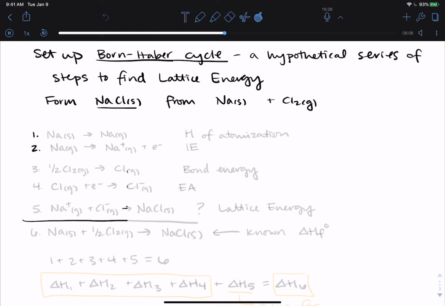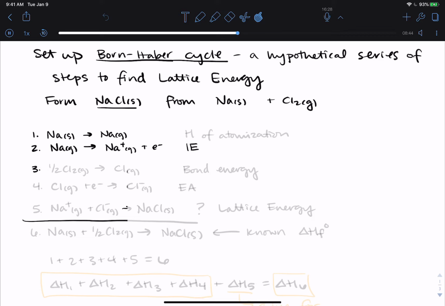But ionization energies are only for atoms in the gaseous state. So I can use sodium as a gas, turning into sodium plus and an electron, and use the ionization energy value for this step. But I also have to have a step where I take sodium solid and turn it into a gas first, so that I can use that gas to turn it into an ion.